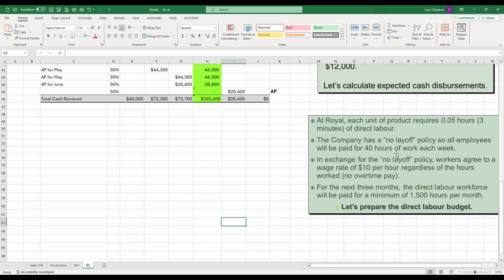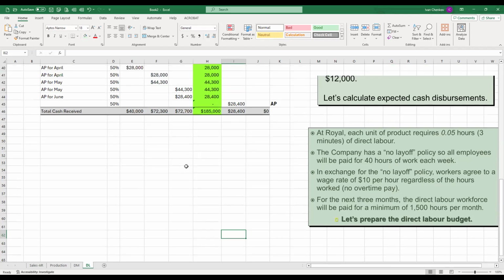And for the next 3 months, the direct labor workforce will be paid a minimum of 1,500 hours. So every time they go below 1,500 hours, we're going to pay them 1,500 hours. If they go over, we're going to pay them what they work.